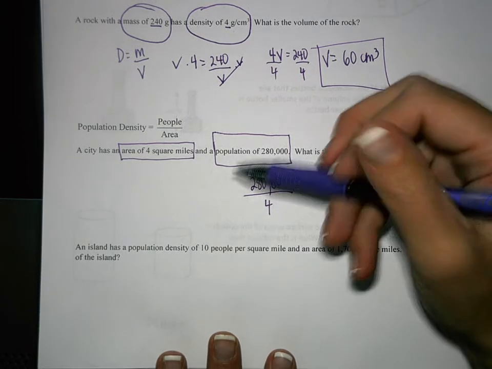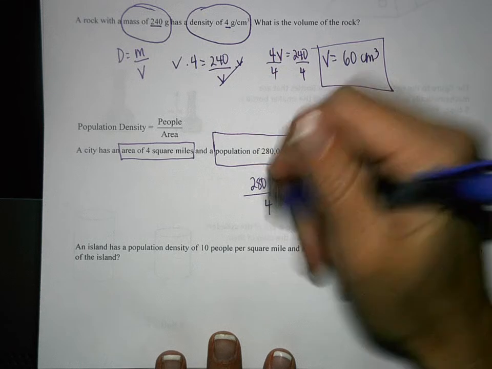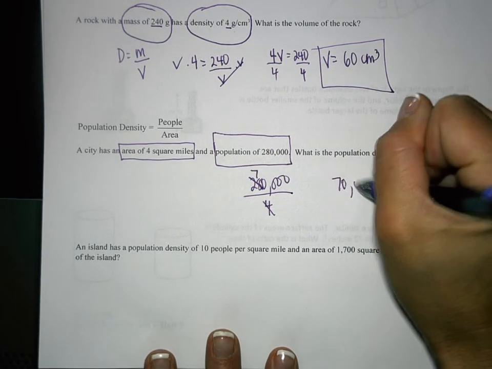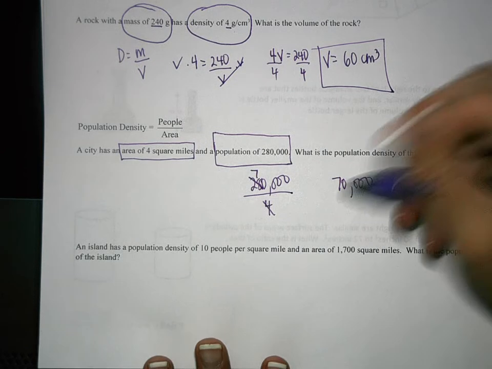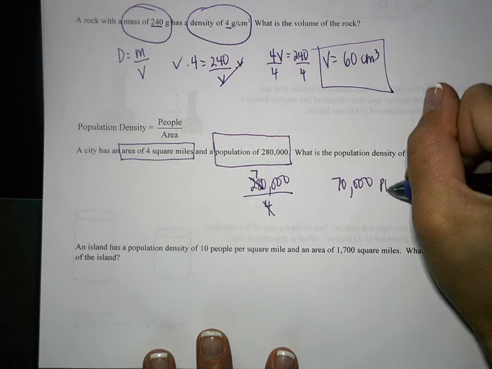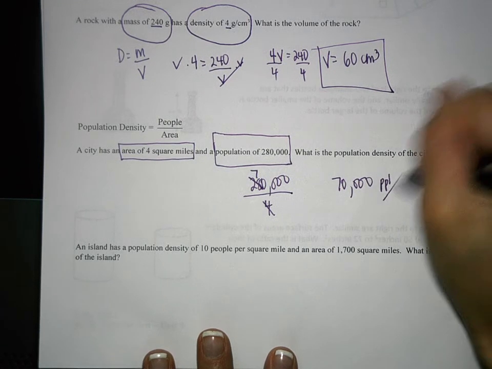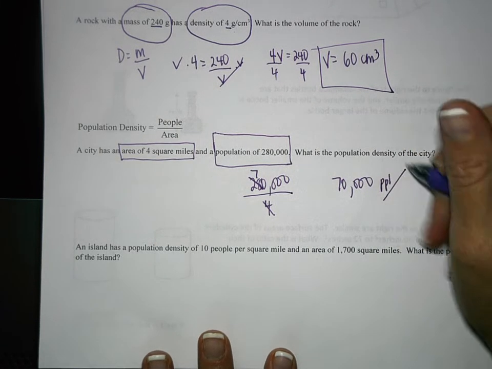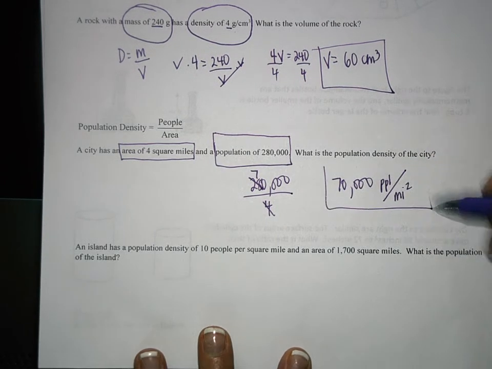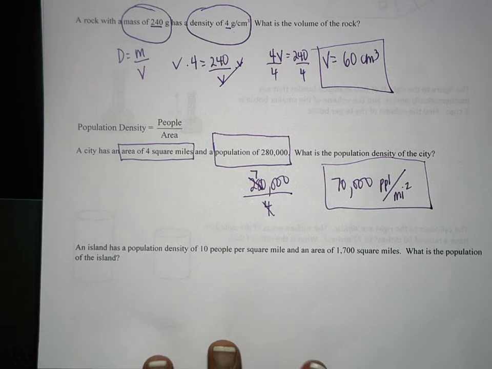And so we just reduce, 4 goes into 28 how many times? So the answer is 70,000. And then our units of measurement, the population is people, so we can write that as PPL for people, divided by square miles. And so I just write that as miles squared. And that is your population density.